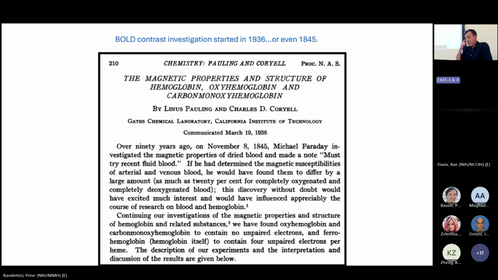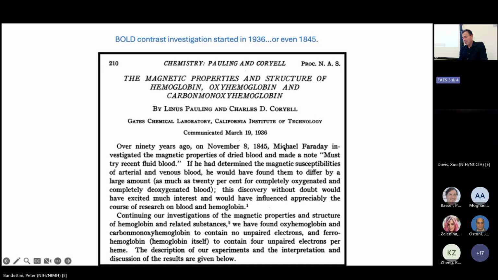Linus Pauling even traced it back to Michael Faraday in 1845. He said, well, if Michael Faraday had measured blood in suspension, he would have found that the susceptibility changed with oxygenation, but he didn't do that.